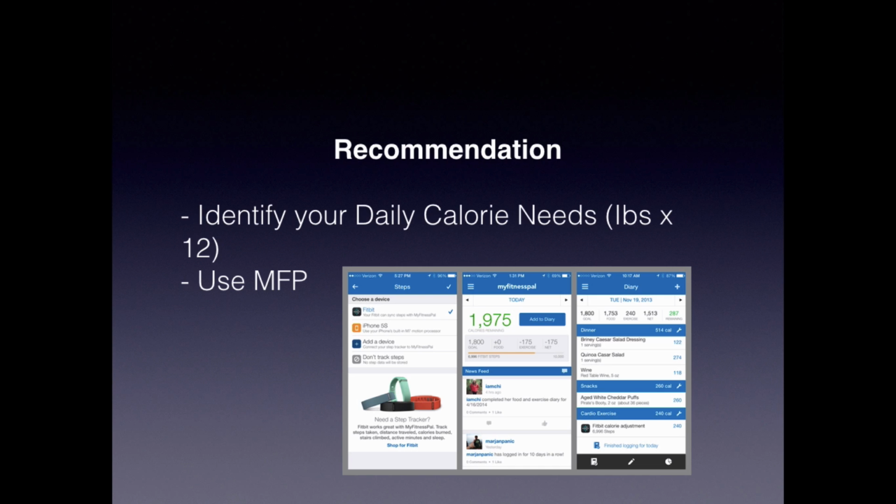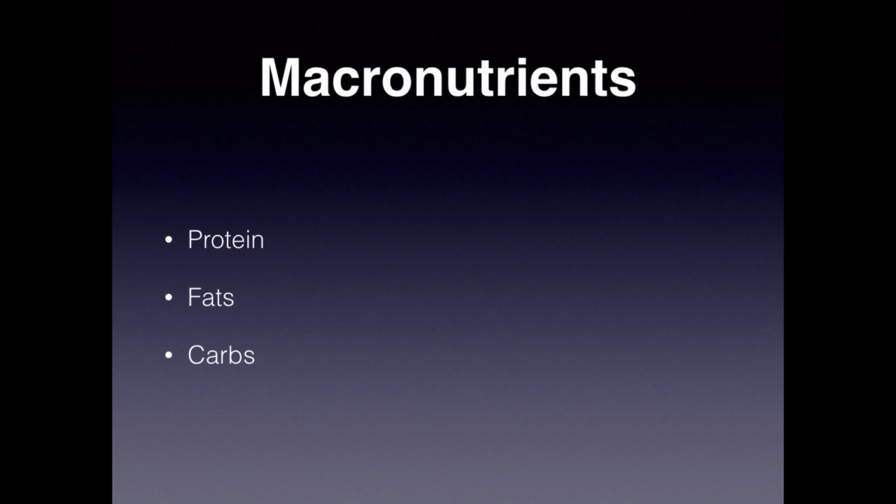Now, once we have that daily calorie goal to lose weight, we can get clearer on where those macronutrients are going to come from. They're going to come from proteins, fats, and carbohydrates.